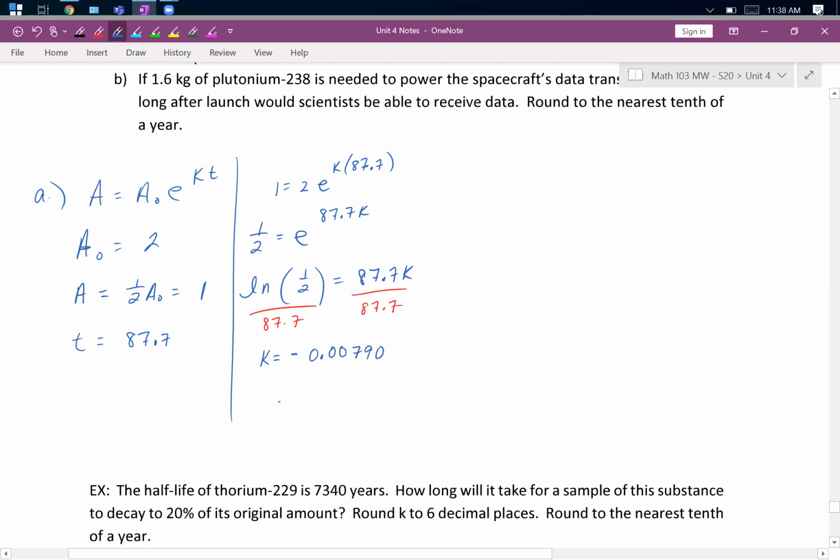So our generic equation then, they gave us our original amount, so we're going to call that 2. So A equals 2 times e to the negative 0.00790t power. There's our equation.